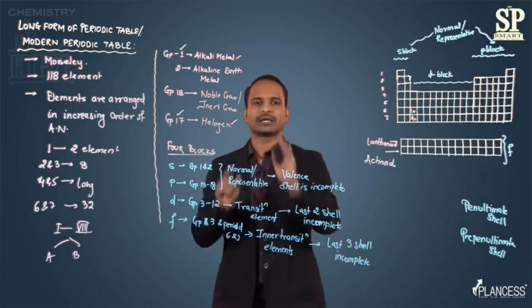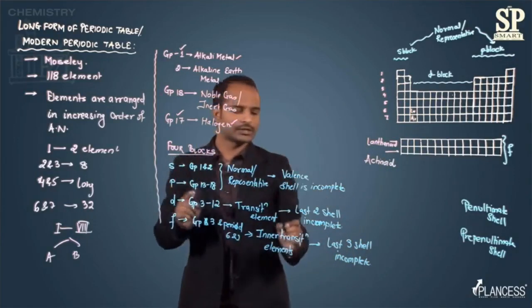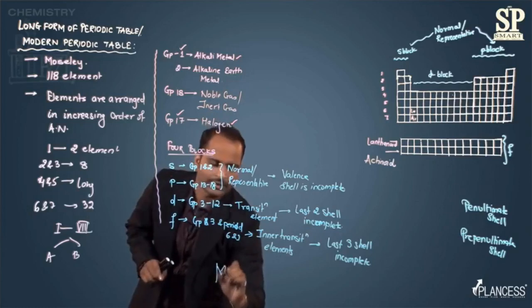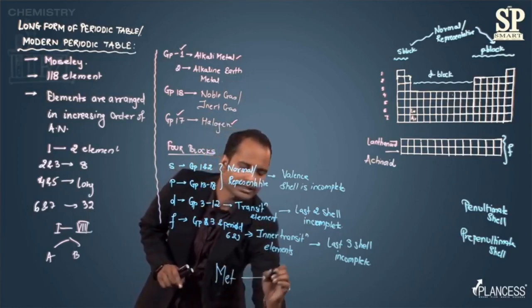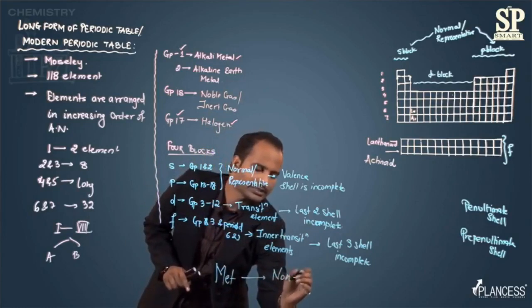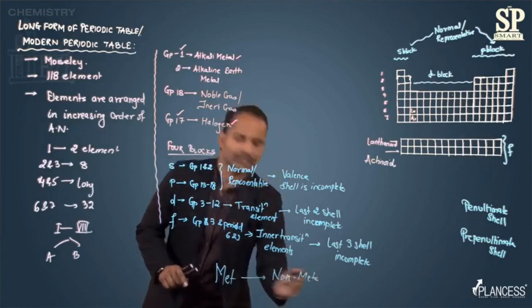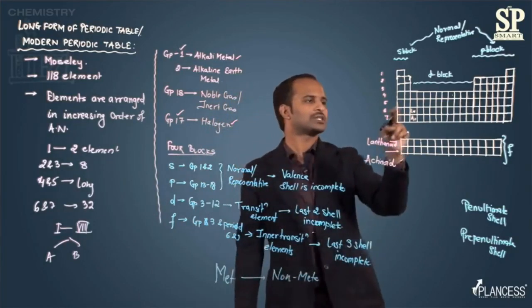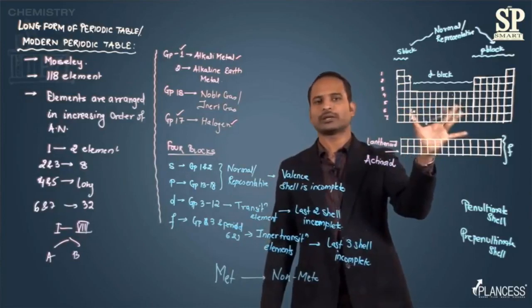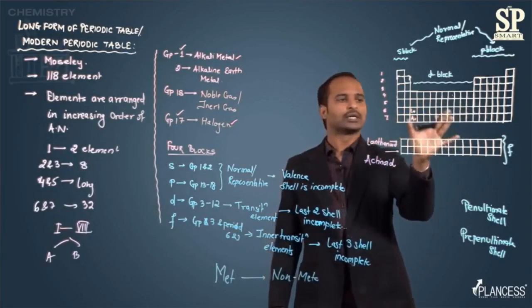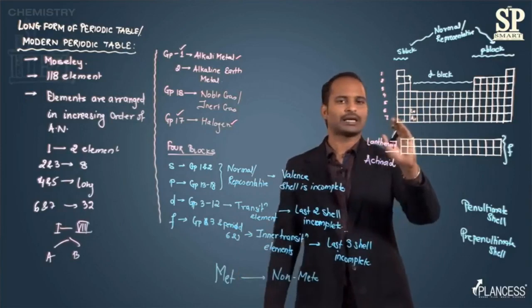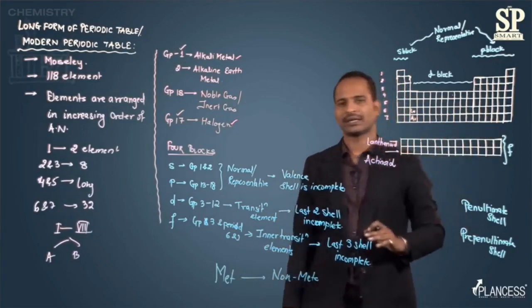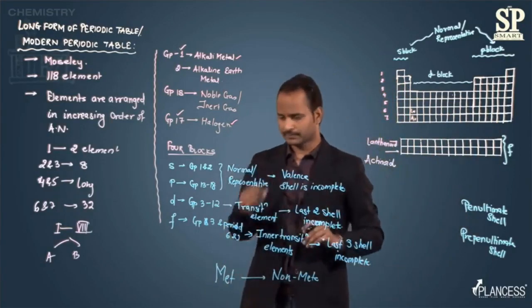That means metallic property slowly decreases and non-metallic property increases. So a certain change is taking place across the D block elements. That's why they are called transition elements, because the metallic property slowly decreases, that is, changes.